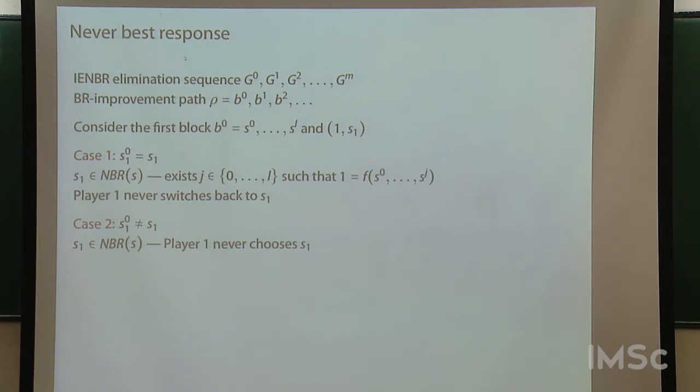It means that in this block, he is going to get scheduled once. When he gets scheduled, he chooses his best response, so he changes from this S1 to some other strategy. Now, since S1 is a never best response, he will never switch back to S1, because you are looking at best response improvement paths. So that is one case.